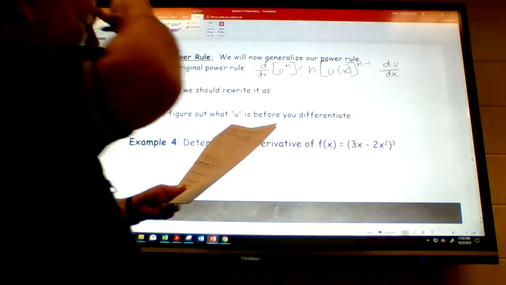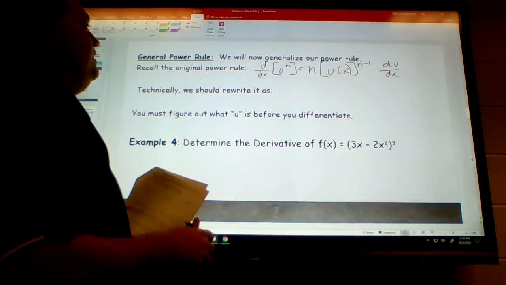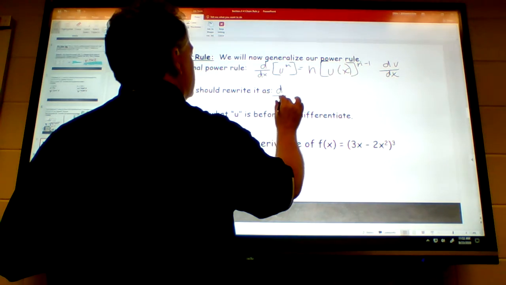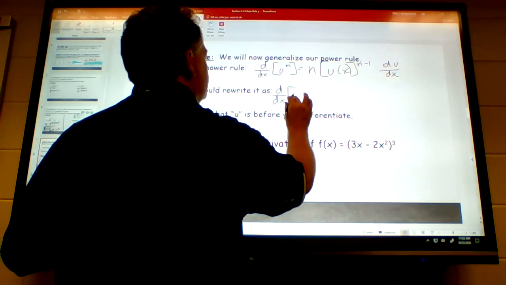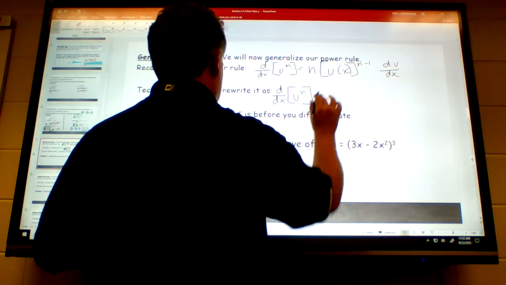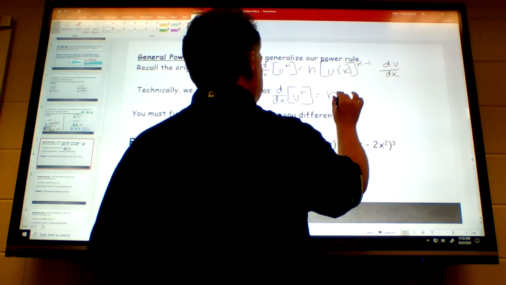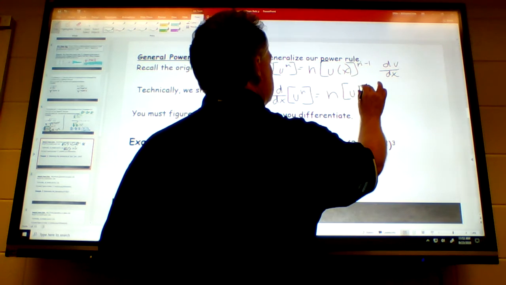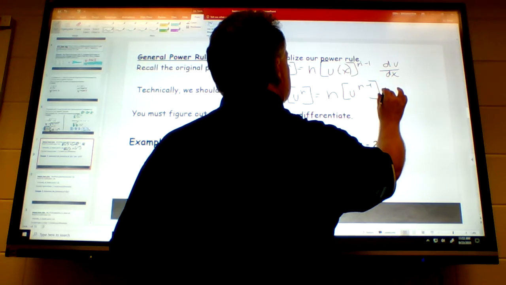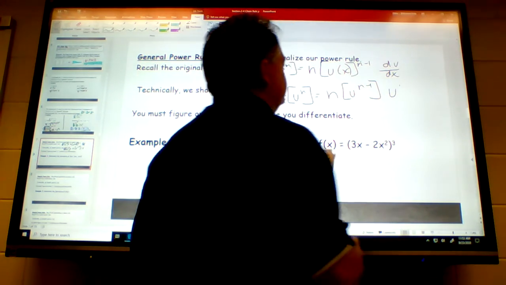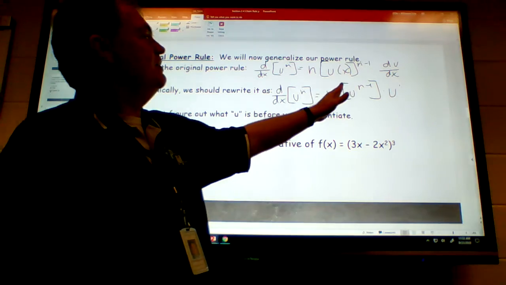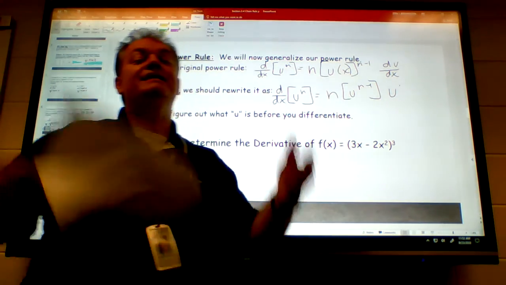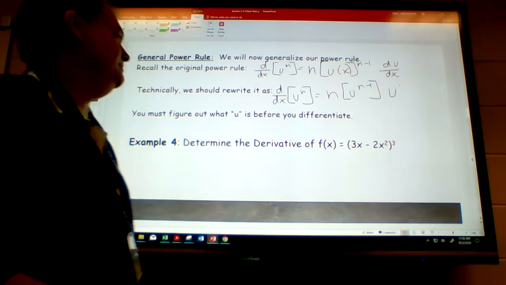Now, that can be written as the following, and this may make a little more sense to you. The derivative in terms of x of u to the n equals n times u to the n minus 1 times u prime.